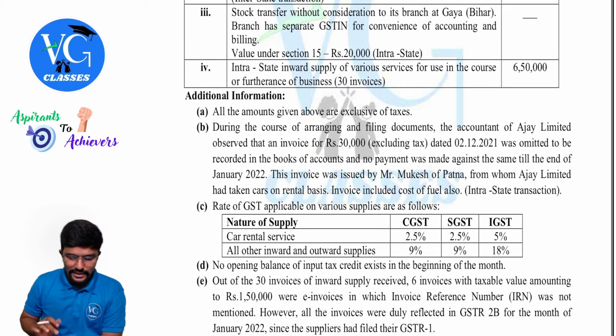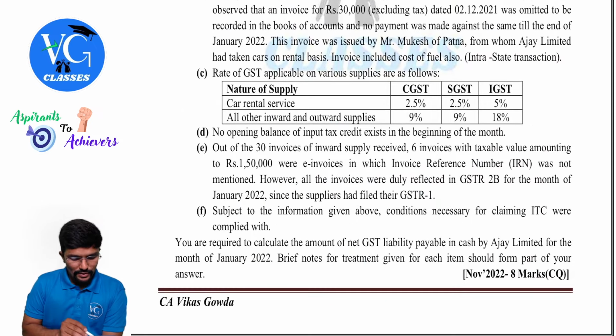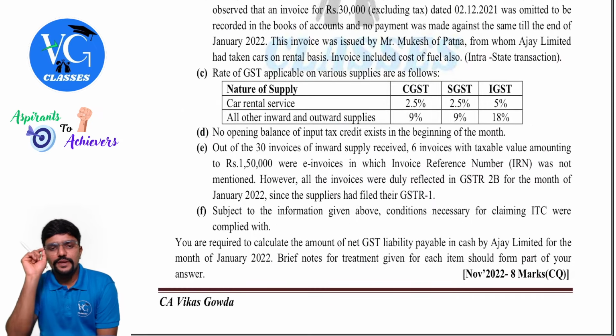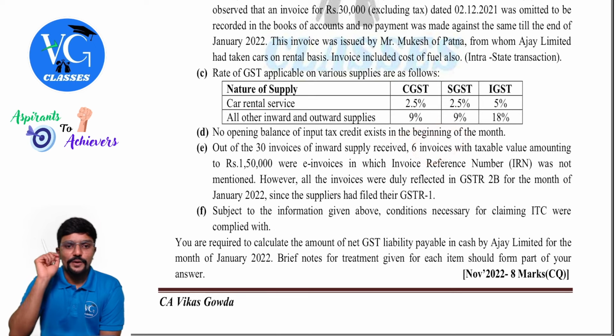Next, out of the 30 invoices. Guys, with respect to this, they are giving some note. Out of the 30 invoices of inward supply received, 6 invoices with the taxable value amounting to 1,50,000 were e-invoices in which invoice reference number was not mentioned out of 30 invoices. Okay.